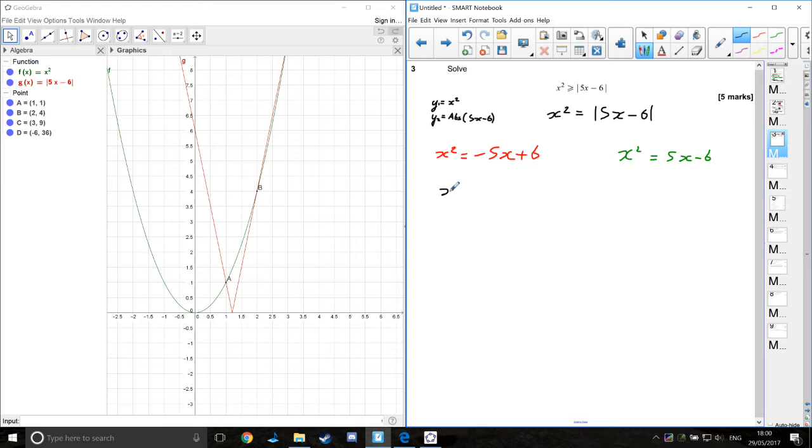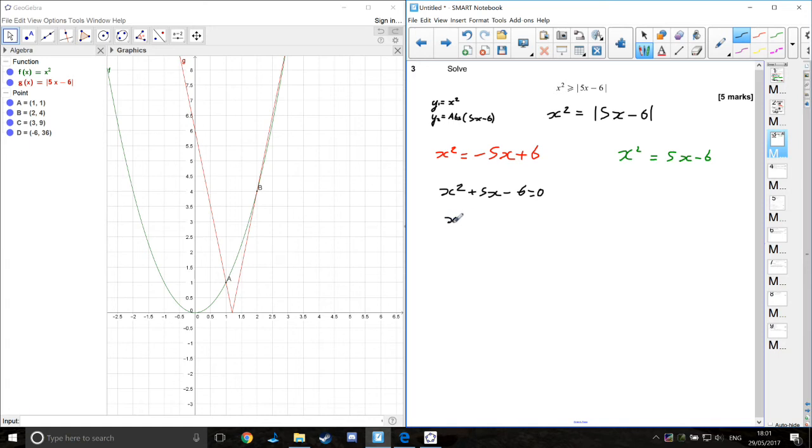So this gets us x squared plus 5x minus 6 equals 0. Something that multiplies together to give minus 6, adds to give 5. Let's think. Probably something to do with 6 and 1. 6 and minus 1.